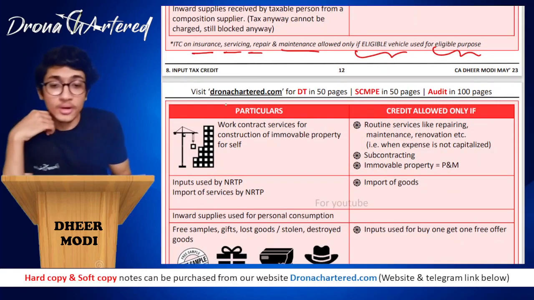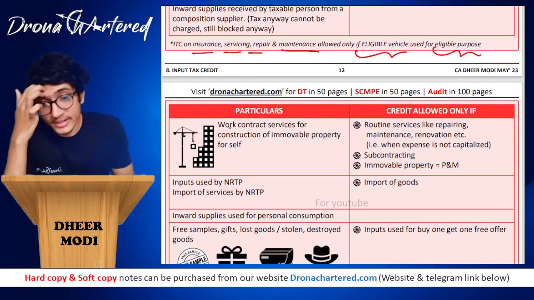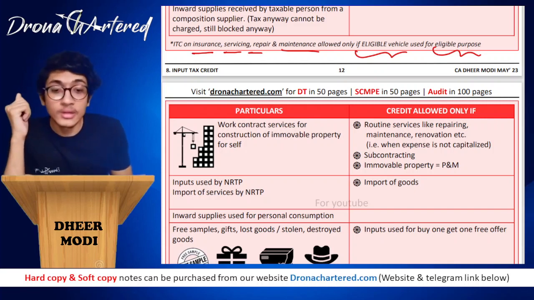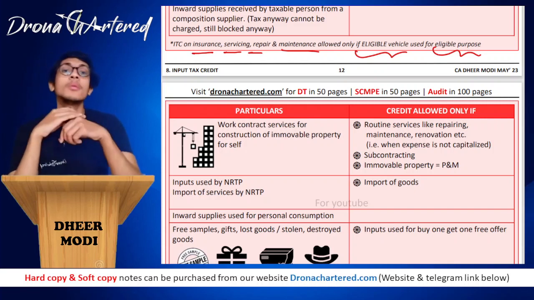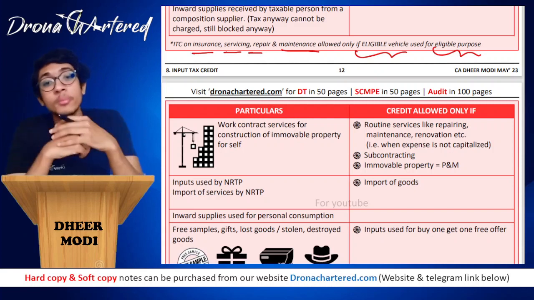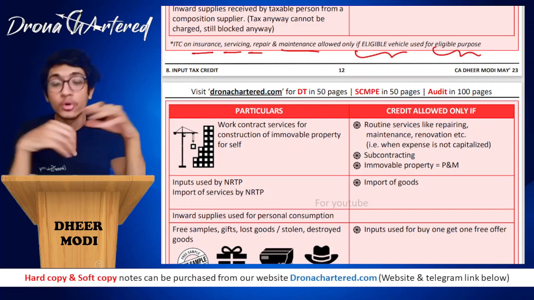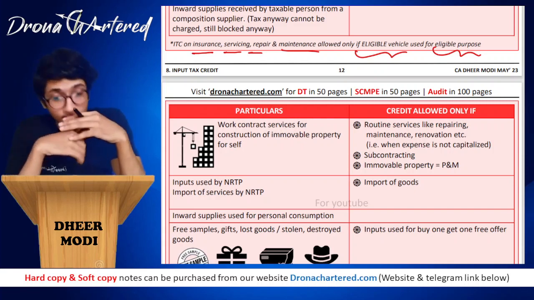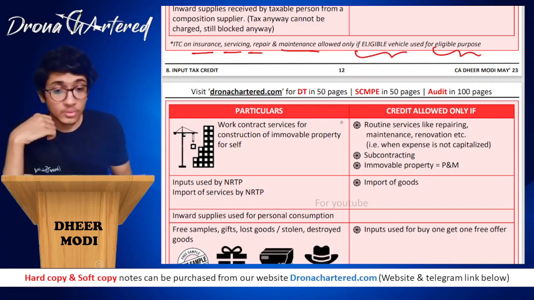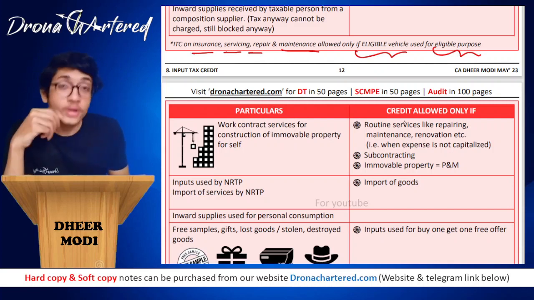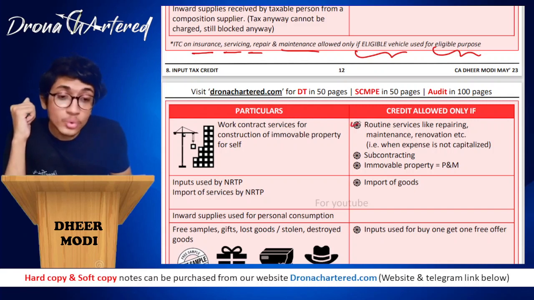Now coming to your next thing that is blocked credit, that is work contract services for construction of immovable property for self. Any immovable property that you made for your own use, it will not be allowed. So what credits will be allowed? That is any routine service like repairing, maintenance, renovation.